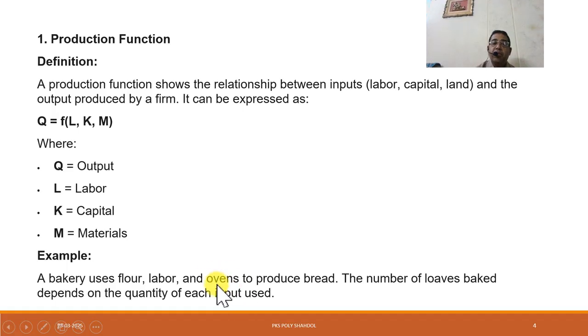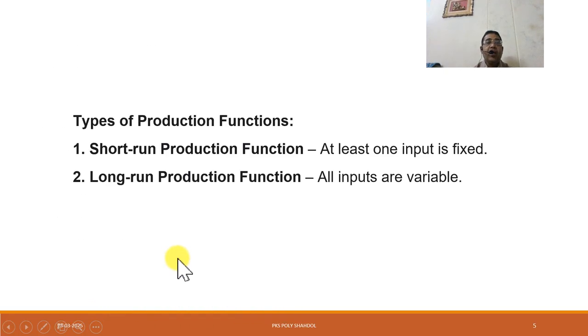So by means of this, this is the production of bread. So these are the inputs, and the number of loaves, meaning pieces baked, depends on the quantity of each input used. Example clear.